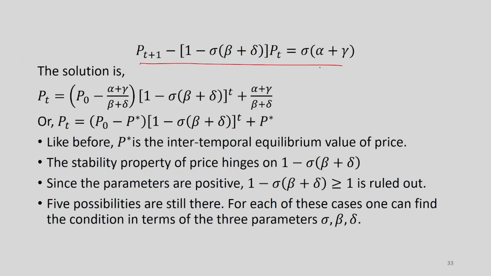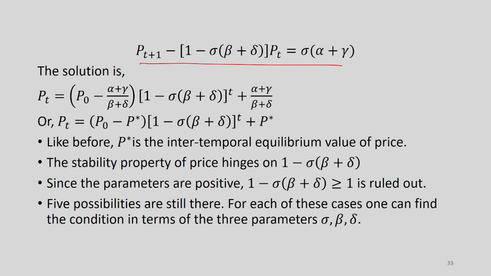So, it is a difference equation of first order in P(t): P(t+1) minus (1 minus sigma times (beta plus delta)) multiplied by P(t) is equal to sigma multiplied by (alpha plus gamma).